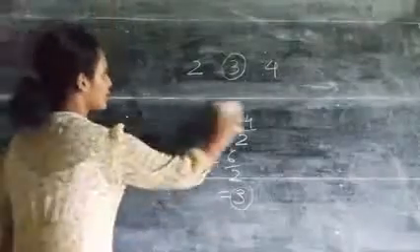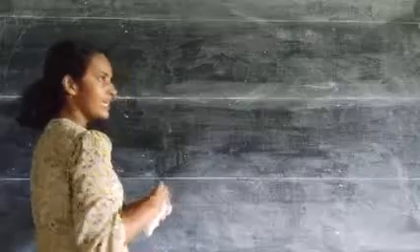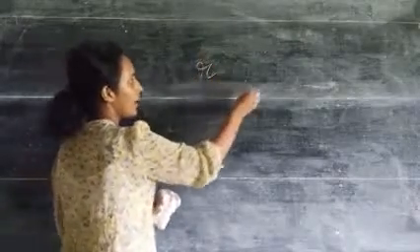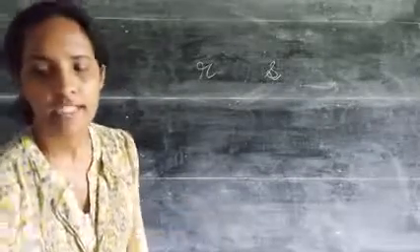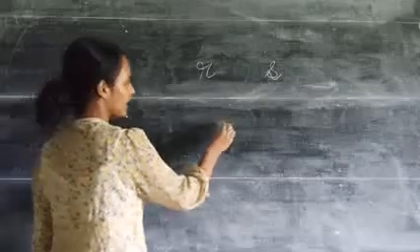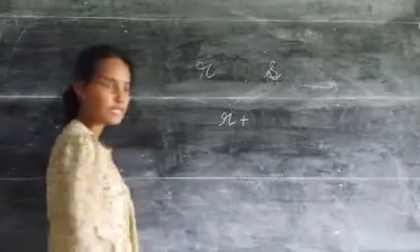Now, can I say generally, instead of taking 2, 4 and 3, that if I take two numbers R and S, R can be any number, S can be any number, then I can find another number between R and S. What is the number between R and S?